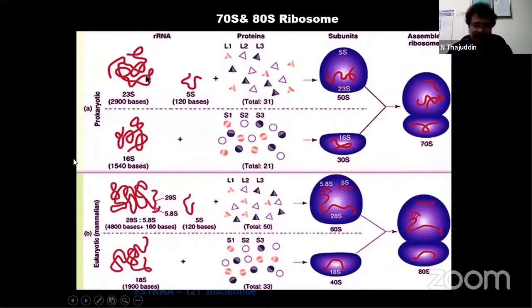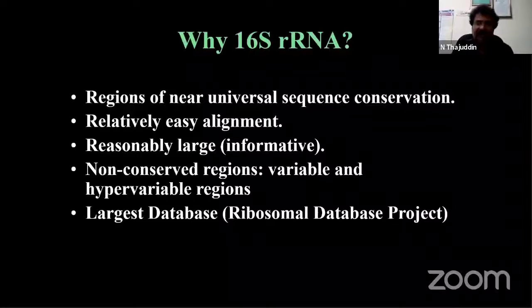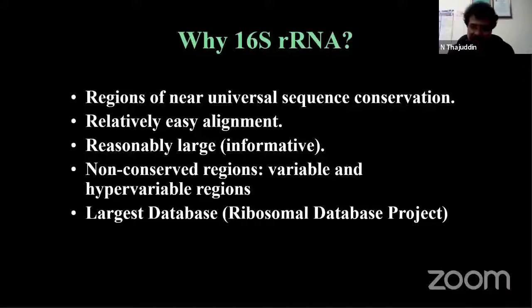why are we specifically using 16S rRNA for molecular identification of prokaryotes? Because it has regions of nearly universal sequence conservation. If you analyze different types of prokaryotes, a particular region of the DNA is conserved for genus level, and a particular region is conserved for species level.